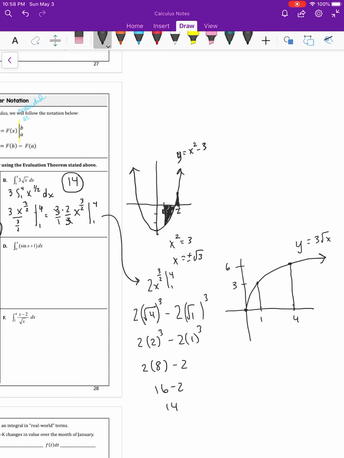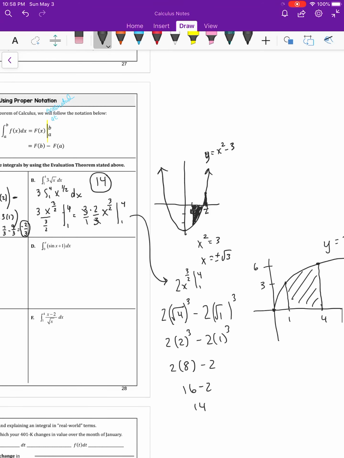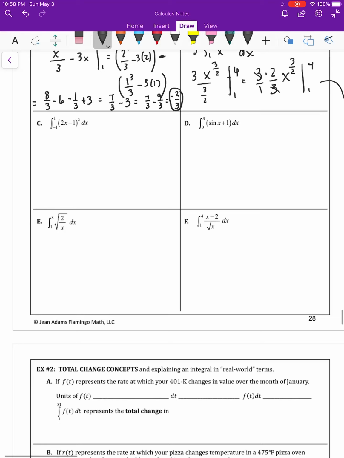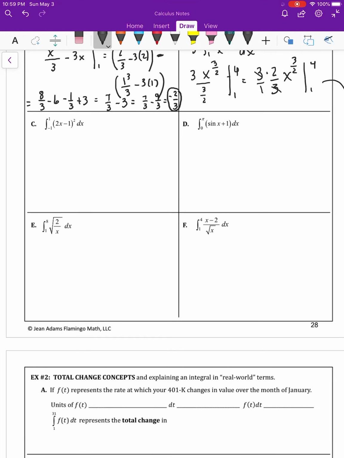So this point would be at y equals 3, and this one would be at y equals 6. So not the greatest graph there, but you can imagine that we just found that area from 1 to 4.